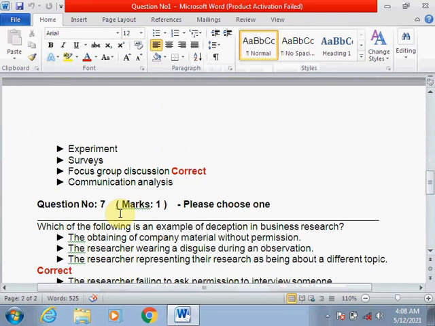Question number 7, we will see which of the following is an example of deception in business research.